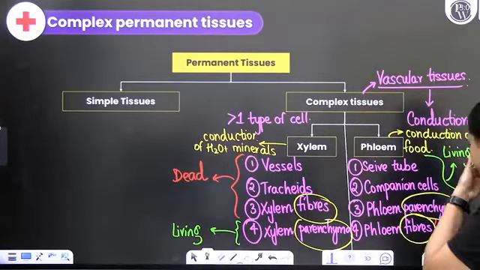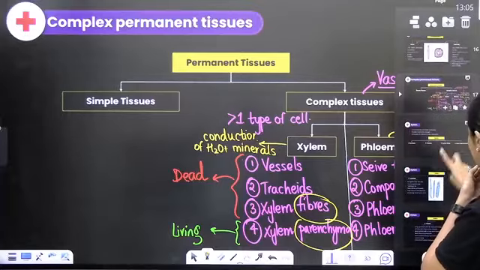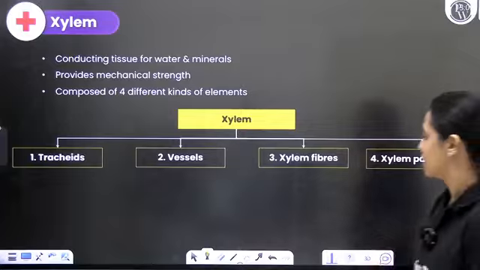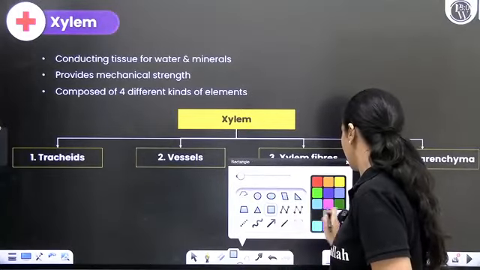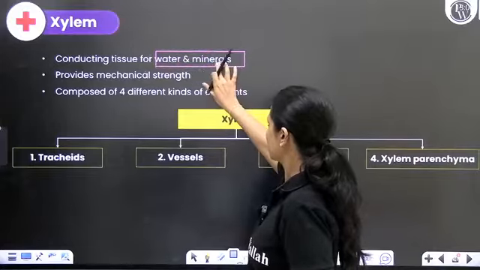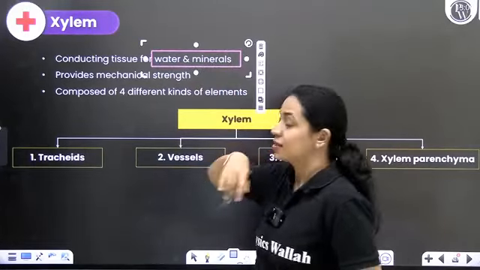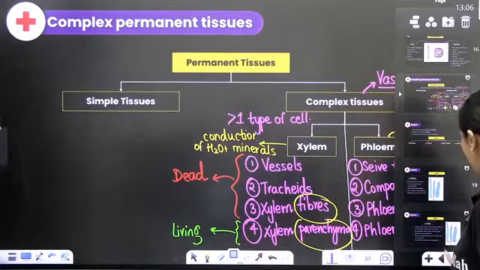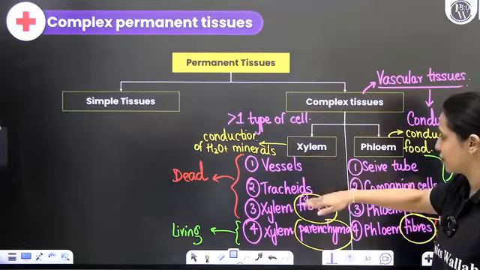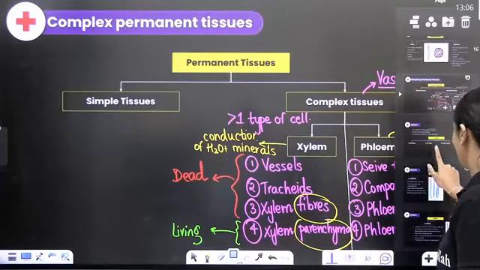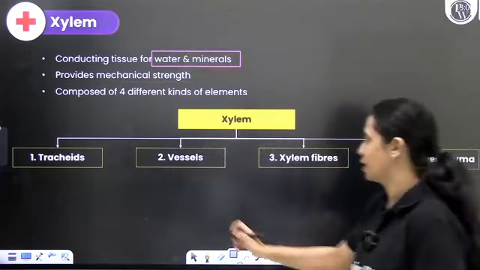Okay, now let's talk about them individually. It was already listed here, my bad. Yeah, xylem is involved in conduction of water and minerals. Since it has so many dead elements like vessels, tracheids, fibers, all of them dead with very thick walls, xylem also provides considerable mechanical support.